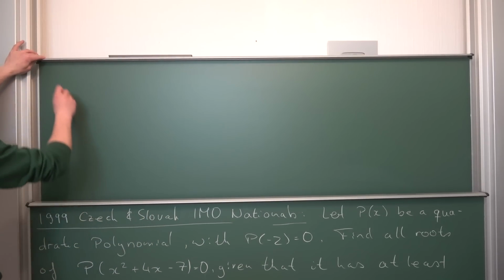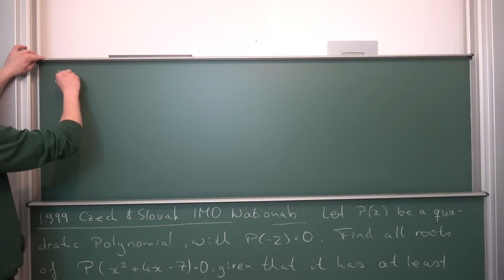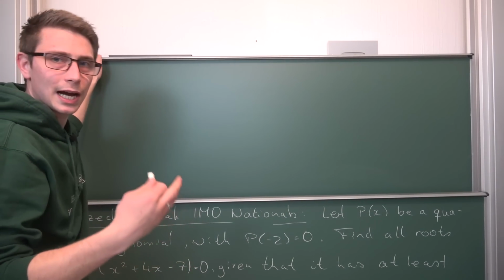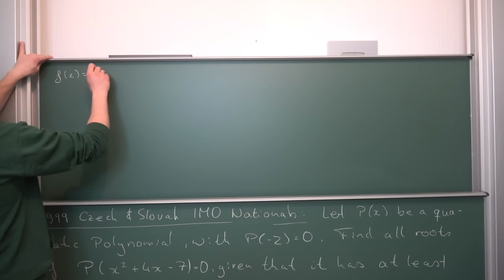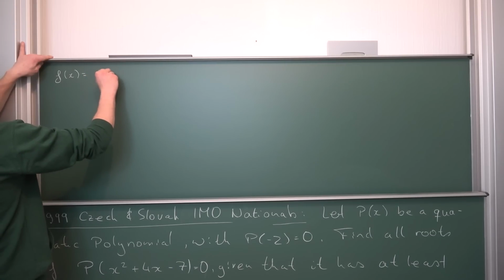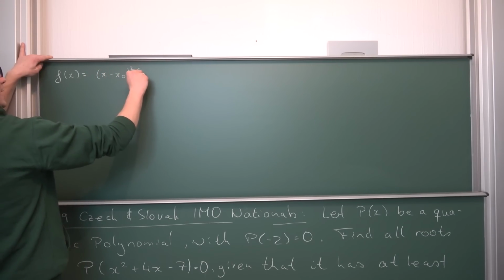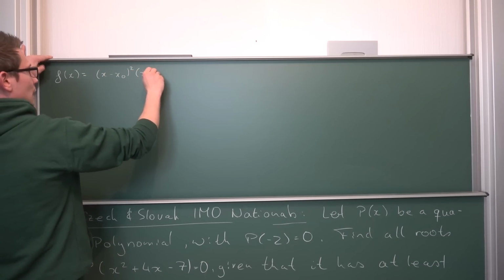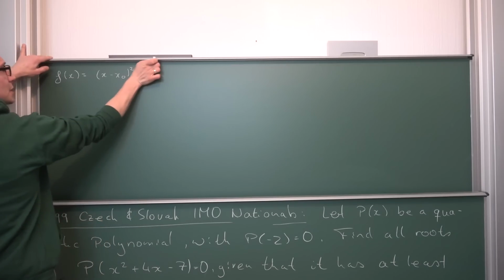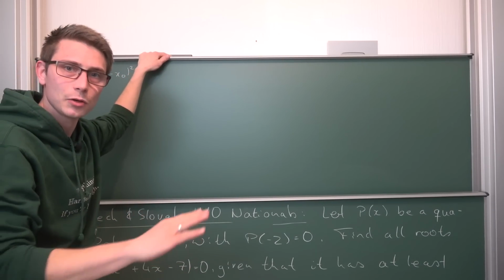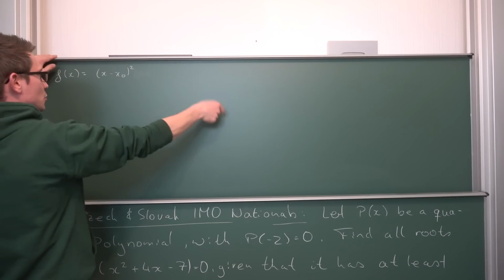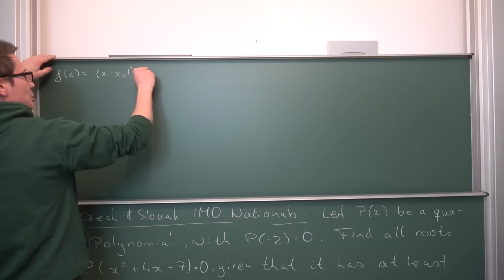Suppose we have a polynomial, let's say f of x, which has some kind of double root, meaning our polynomial is of the form x minus x naught squared and then some kind of tail. Those could be other factors. Let's call it g of x.